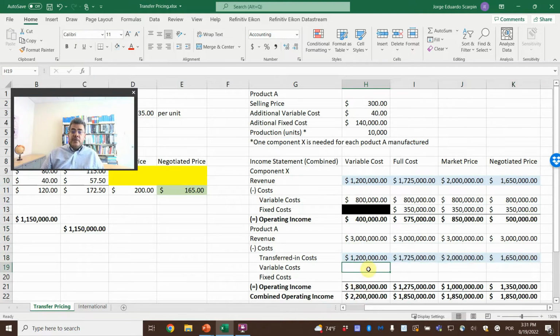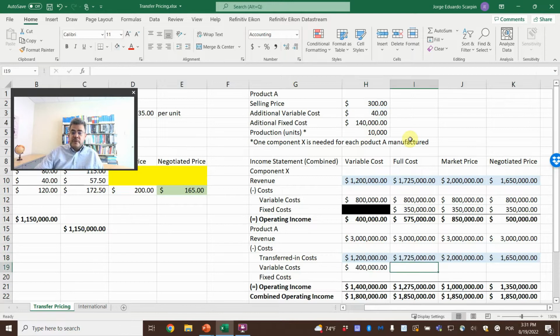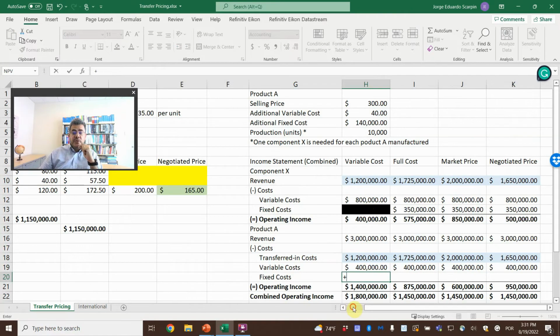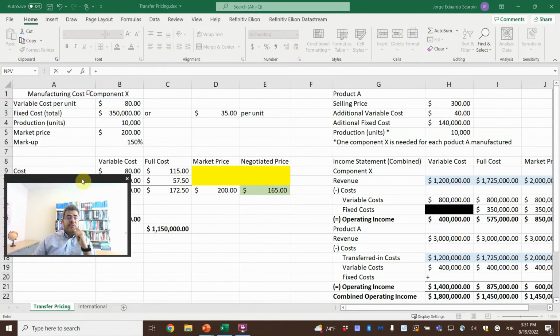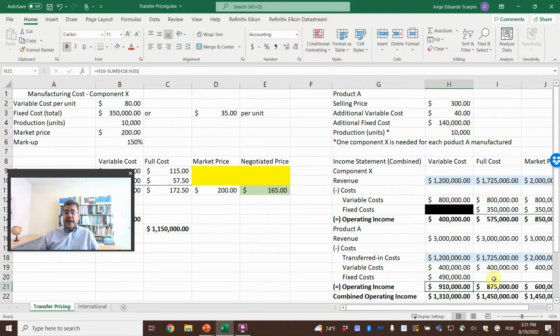Why are they not the same now? Because additional variable cost, 40 times production, 400. Fixed cost, for the variable cost, remember, we don't consider the fixed cost on the transferred in. So the fixed cost will be the fixed cost for the component X, 350, plus fixed cost for the product A, 490.